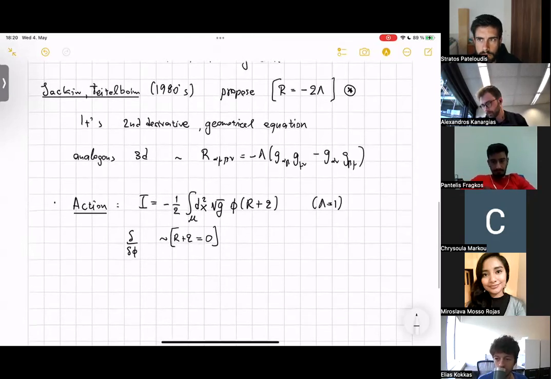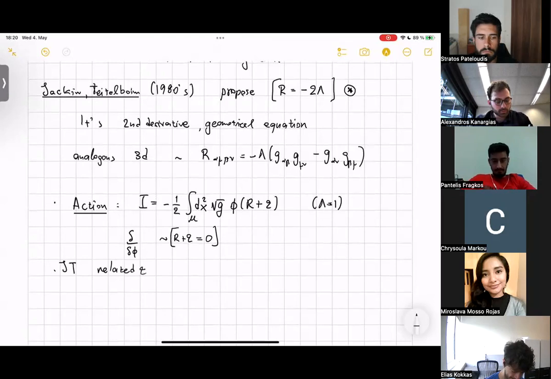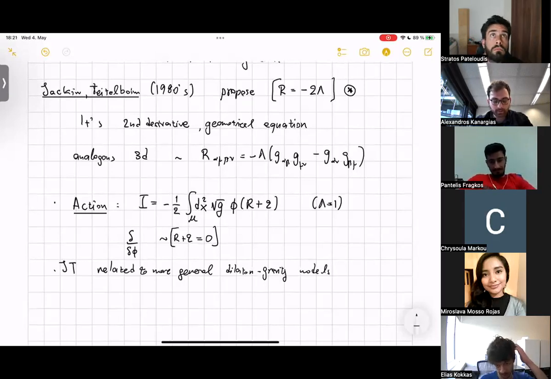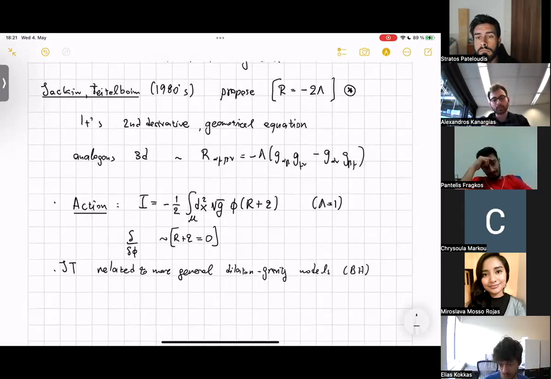And JT is also related to more general dilaton gravity models. And this means it's also related to black hole physics. So what I mean is that there are other theories with the dilaton, which is the scalar field coupled to Einstein gravity.